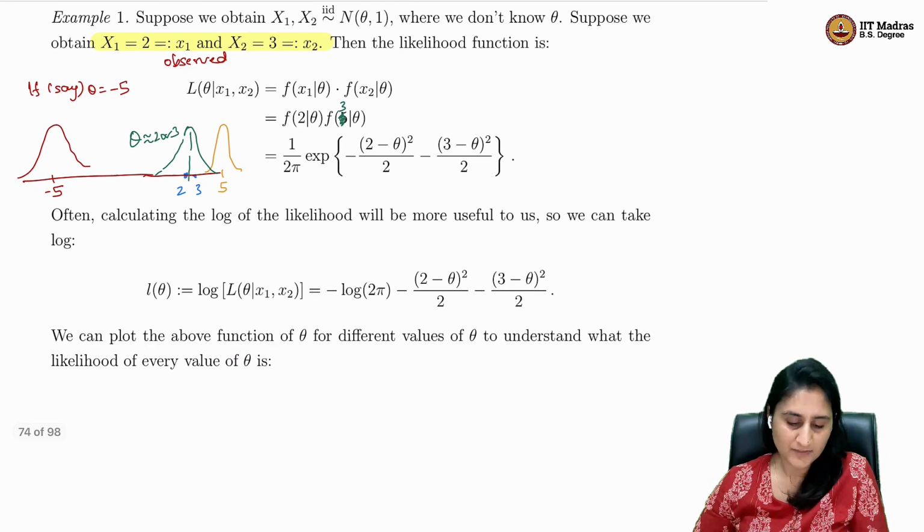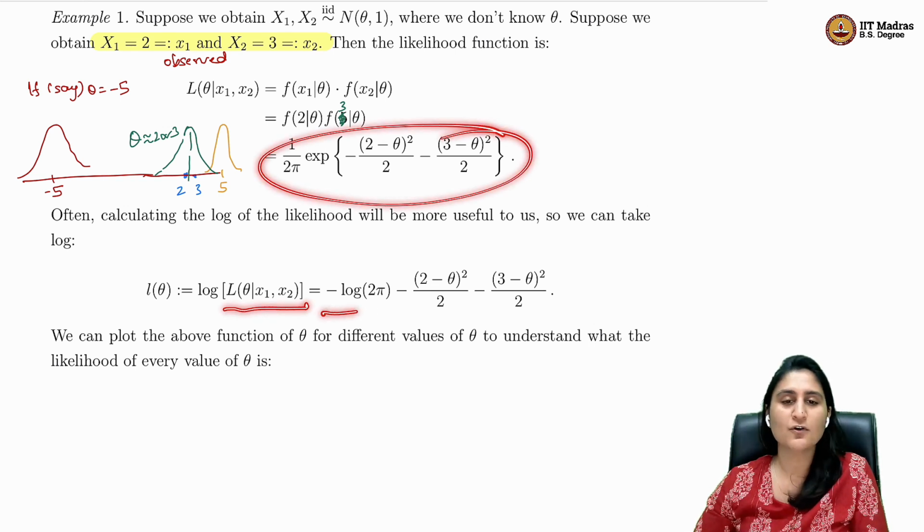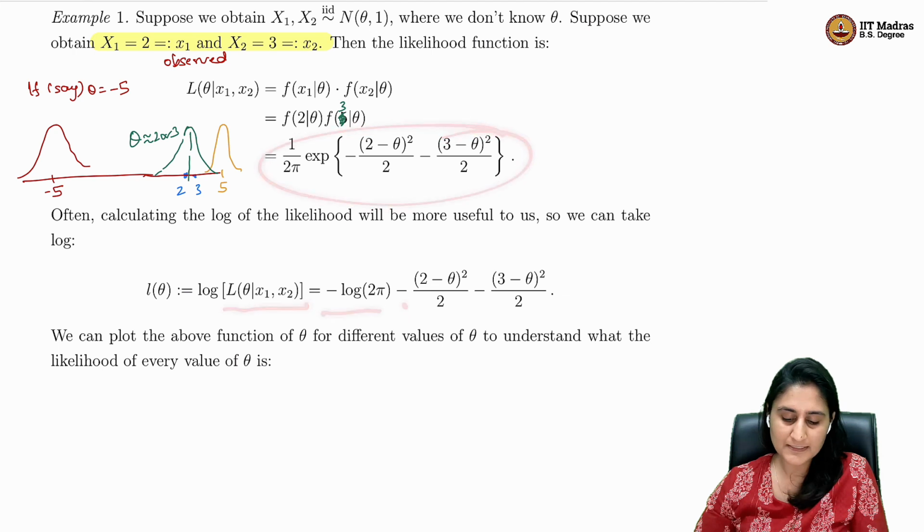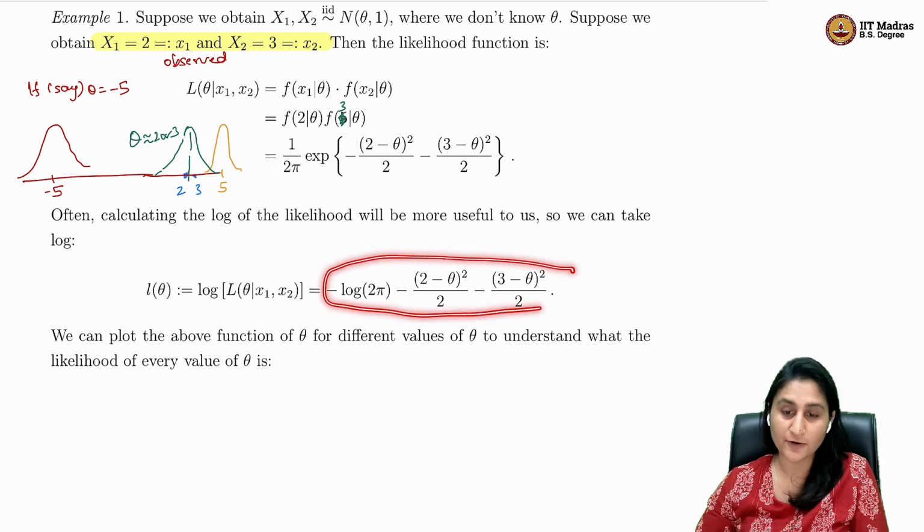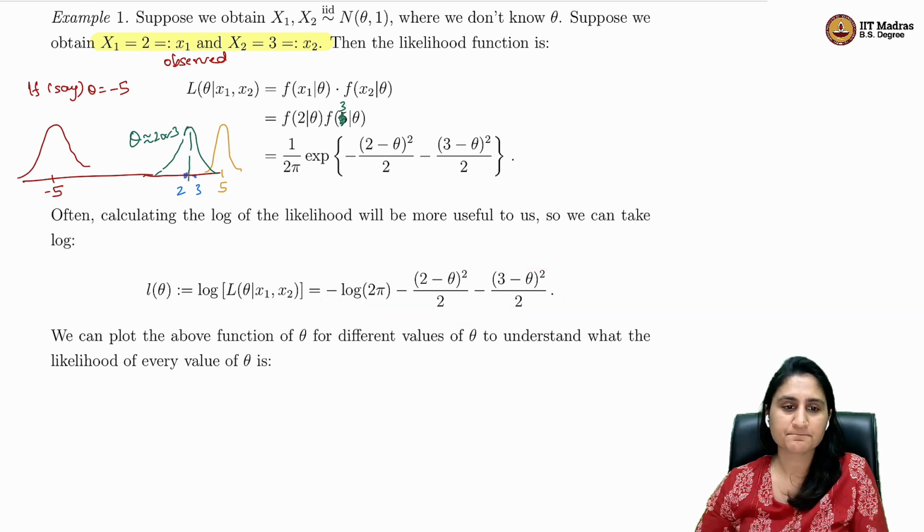But we take a log, and so lowercase l of theta is equal to log of capital L of theta given x1, x2, which if I just take the log of this is minus log 2 pi, minus 2 minus theta squared by 2, minus 3 minus theta squared by 2, which is basically just a quadratic function, right?